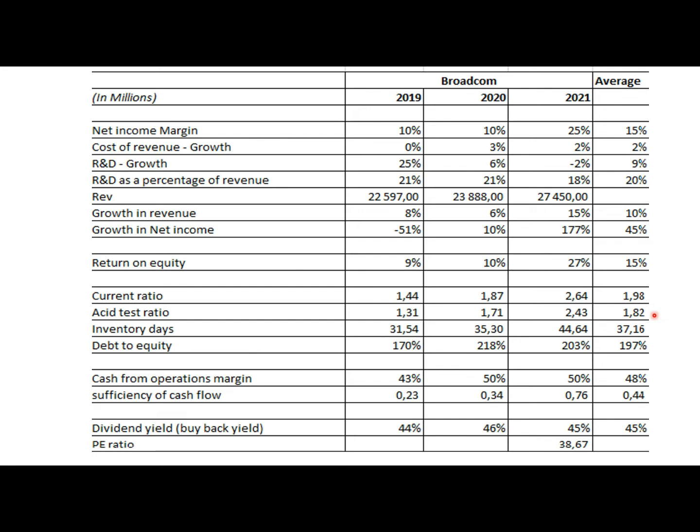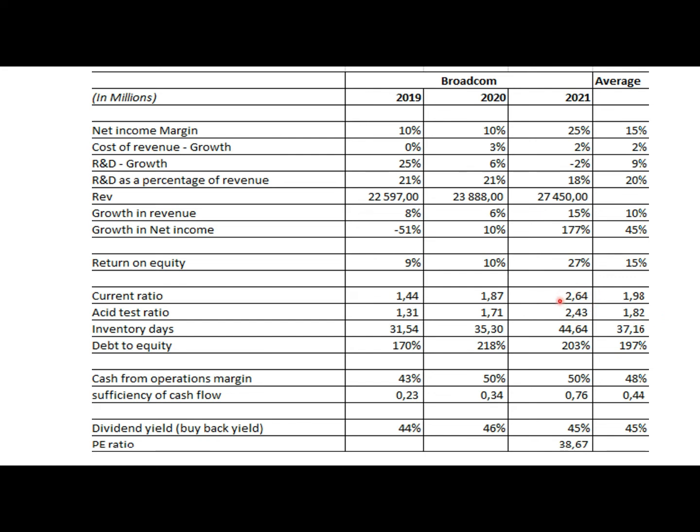Now, the main catalyst for the significant improvement in the asset test as well as the current ratio is the explosion of cash on hand. I mean, Broadcom has over $12 billion in cash. A lot of it is due to the fact that it has increased its borrowing base. Both ratios, in my view, underperformance, but they're pretty solid.